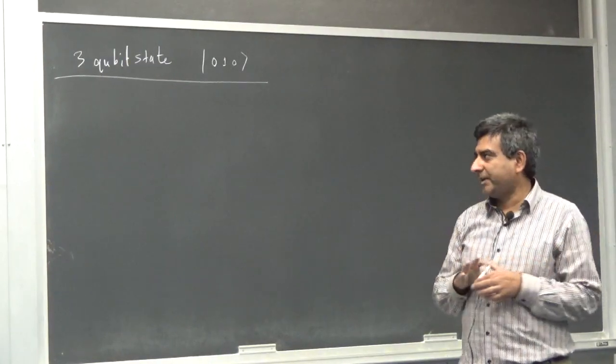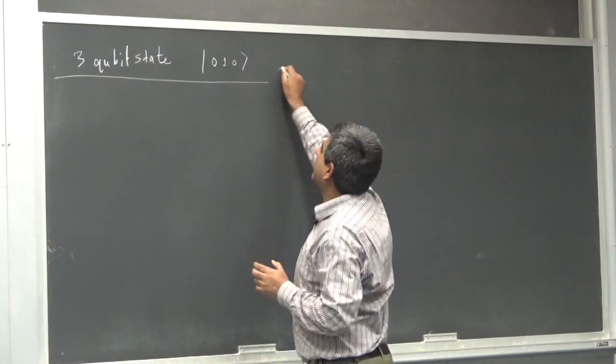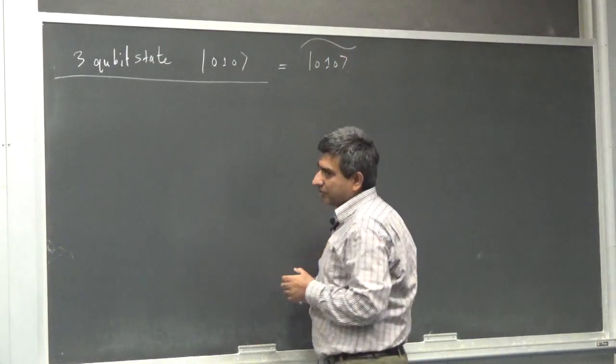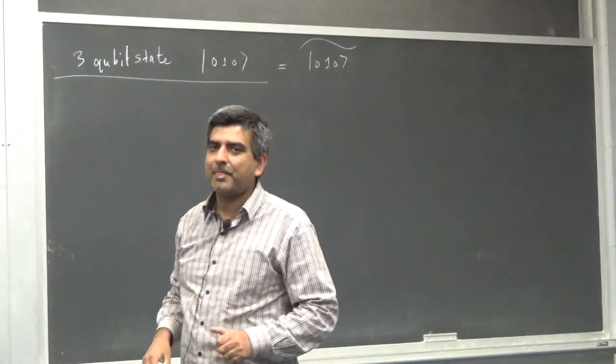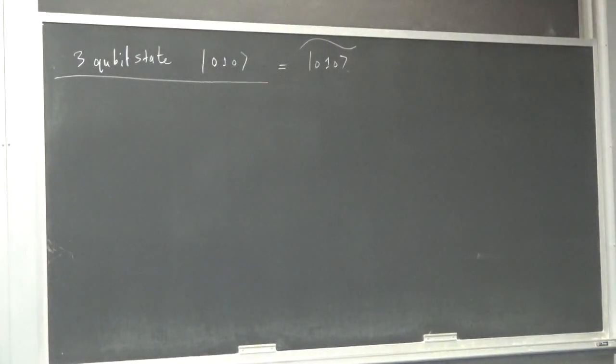So I give you 5 minutes to work out what this state is going to look like. Just take your time and use your definitions over here and see where you get.